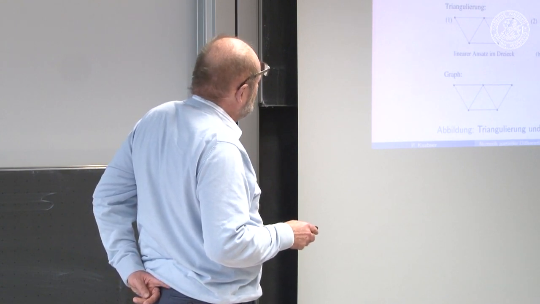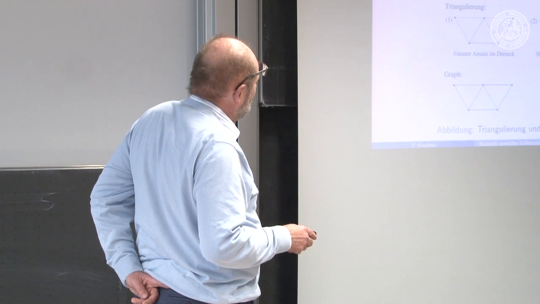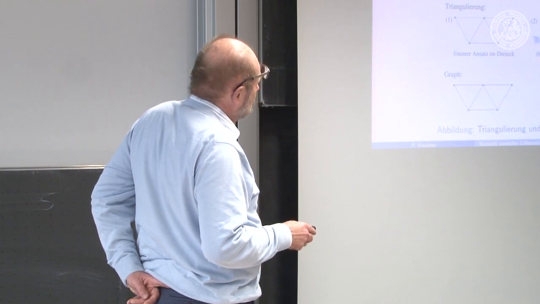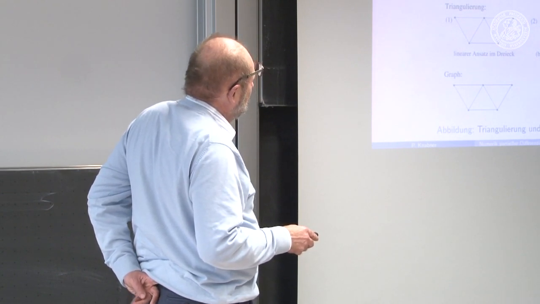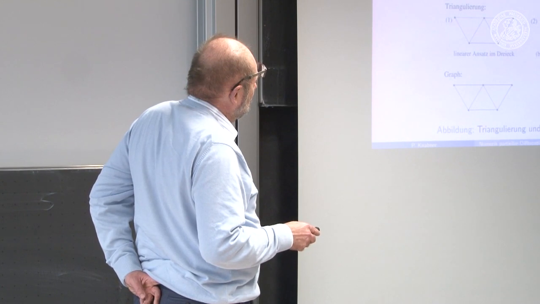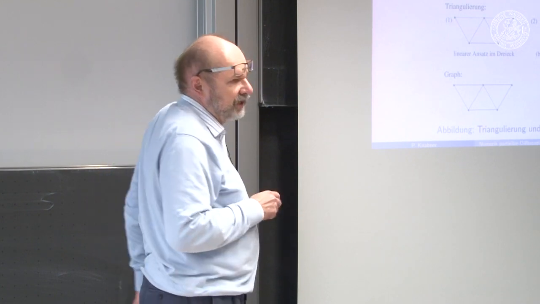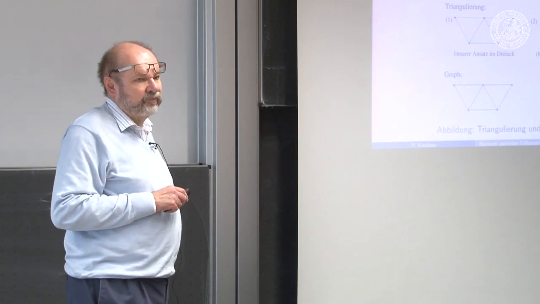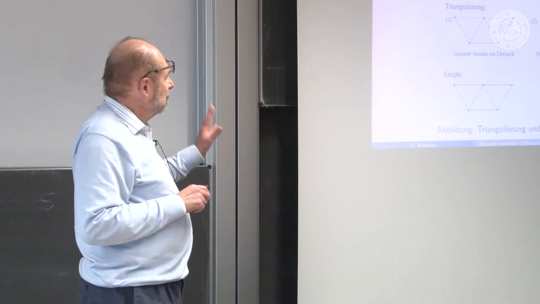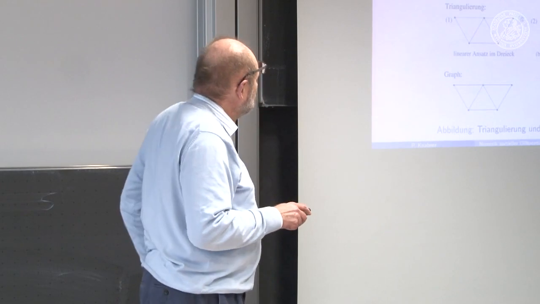And now we connect all which are in the same element. But of course, also this and this are in the same element, so we have to connect them. So now the corresponding graph looks a little bit different than the underlying triangulation.